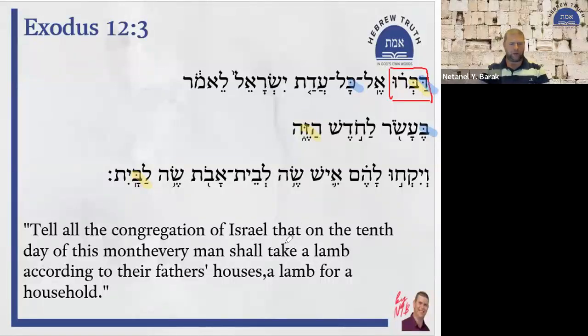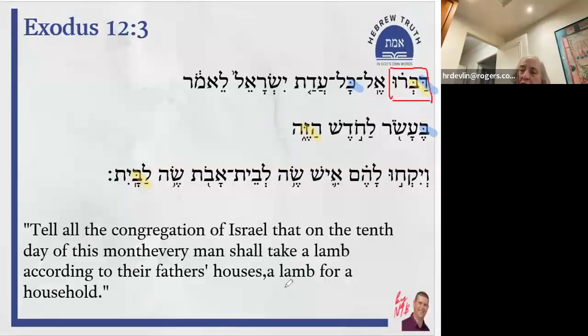Weak dageshes are just for phonetic reasons, not for morphological reasons. They don't indicate the binyan. Okay. But what I still don't understand, what exactly does the weak dagesh mean?